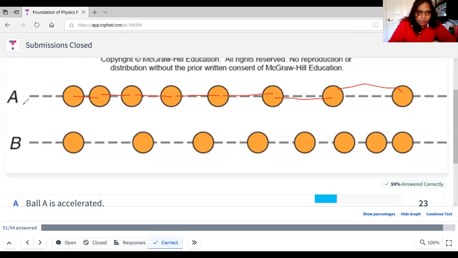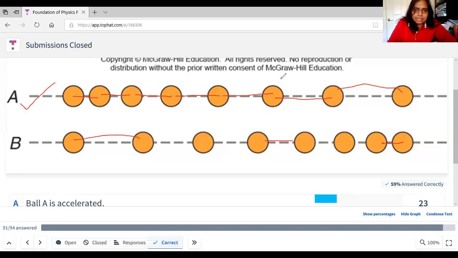So A is accelerating because it's increasing the gap between the motion diagram dots, right? And then if you go to B, here a larger distance, but here it's shorter distances, right? Coming closer to each other. So it's slowing down. That's why the distance it moved in every 0.05 seconds gets smaller and smaller.